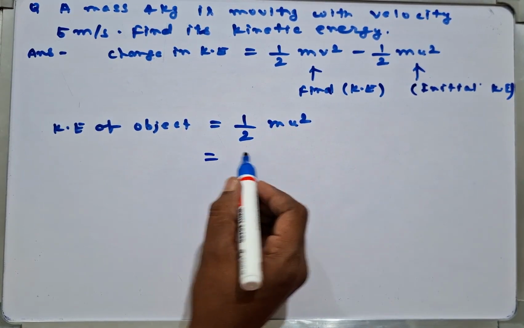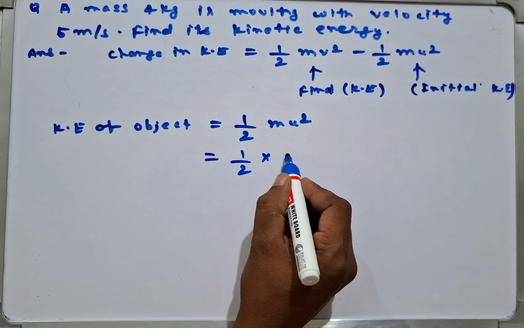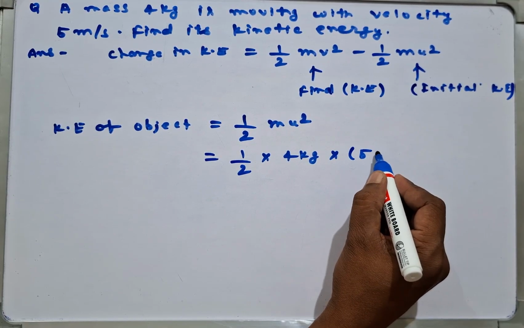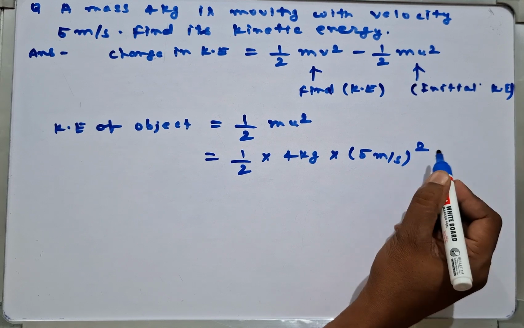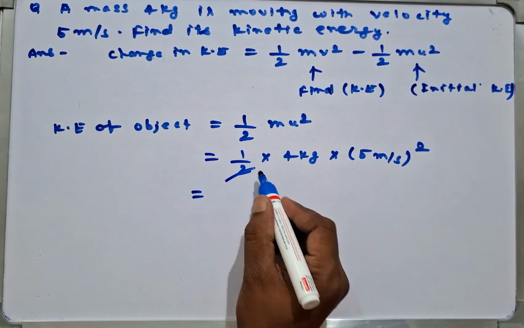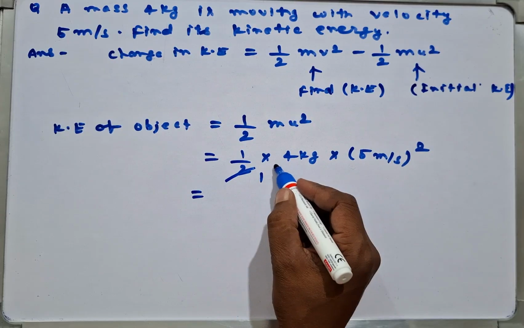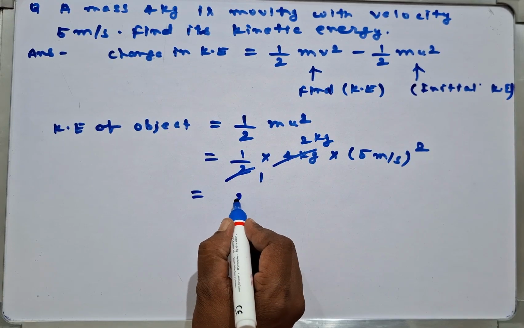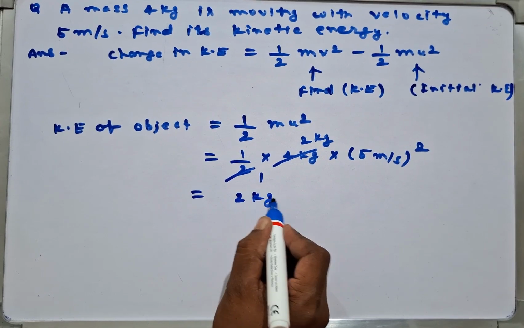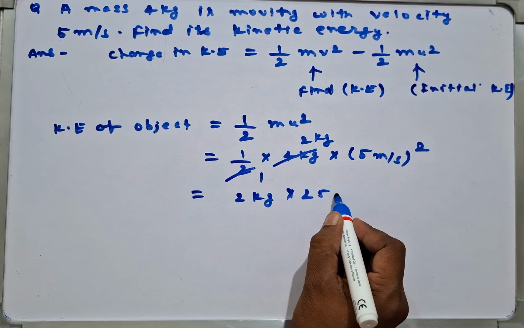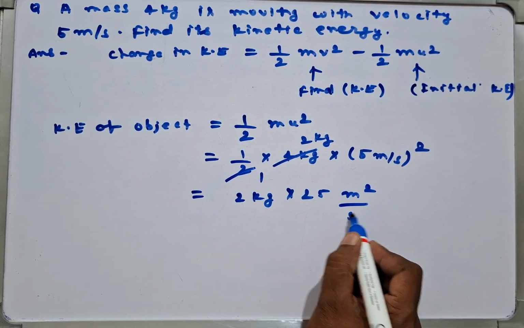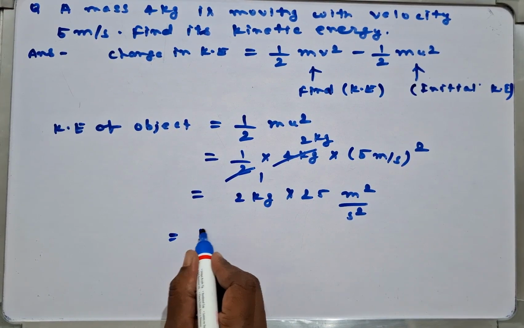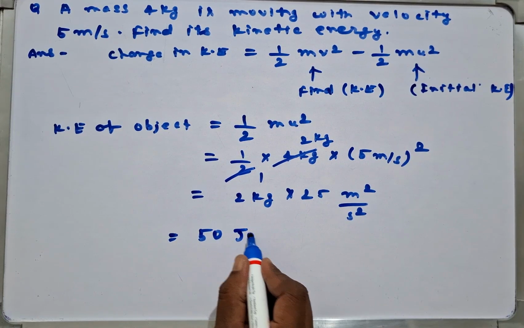Okay, so here 1 by 2, mass is 4 kg and velocity is 5 meter per second whole square. Okay, so 2 ones are 2, 2 twos are 2, so what you see, this is coming 2 kg into 25 meter square per second square, so you can say this is 50 joule.